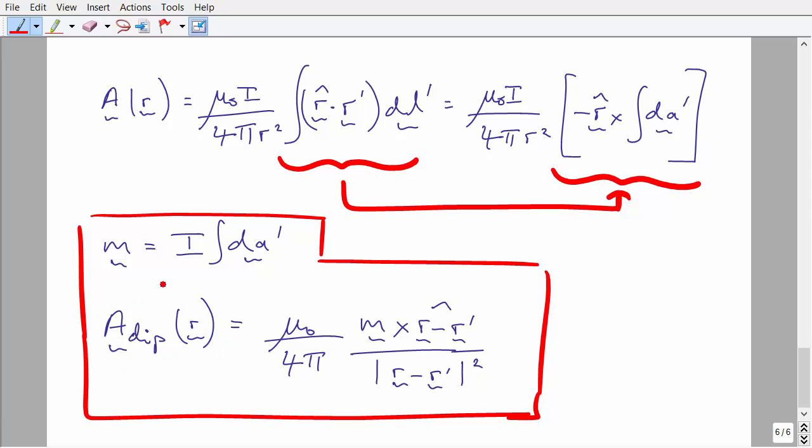In this case, the magnetic dipole moment given by this integral is located at position r prime, and we're interested in the value of the vector potential A at position r. So this is going to be a very useful expression when we come to consider magnetic materials.